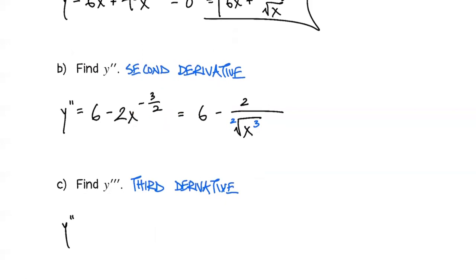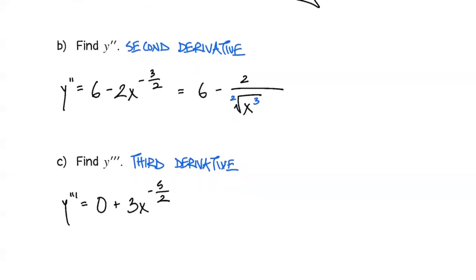And so y triple prime equals 0 plus 3x to the negative 5/2. Okay. Where did that 0 come from?